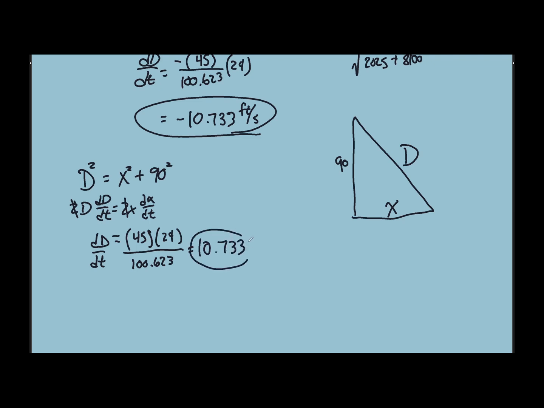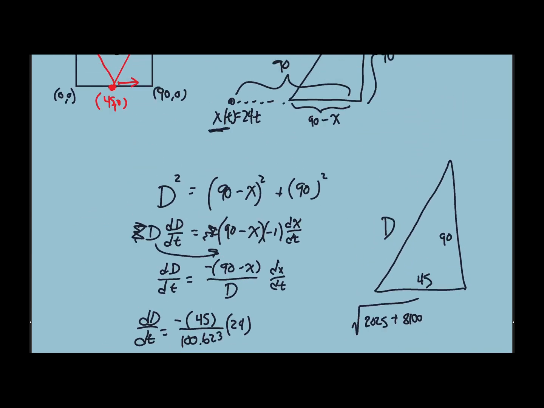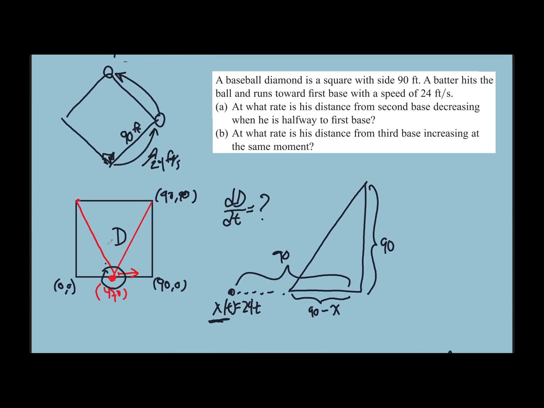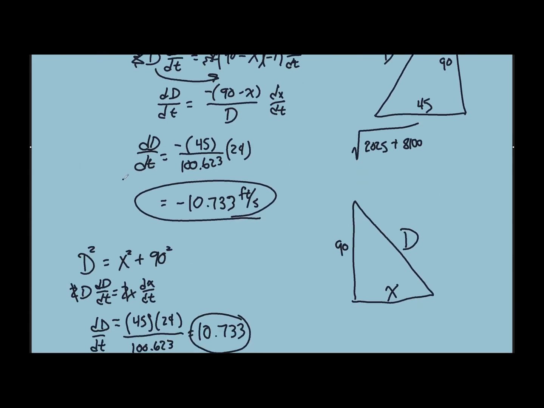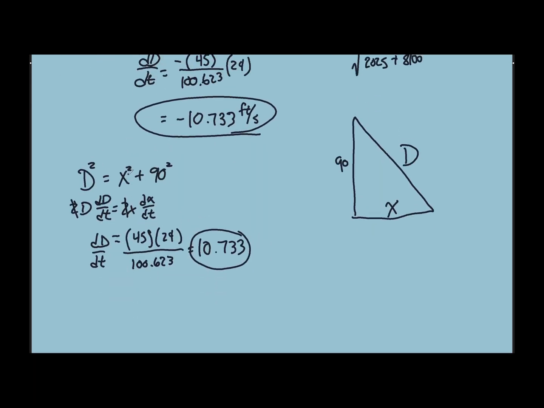And that should make sense because when you're in the middle here, your distance from this way and from this way, it looks like they're going to increase and decrease at the same rate if you're exactly in the middle, right? So those are the answers to this particular question.